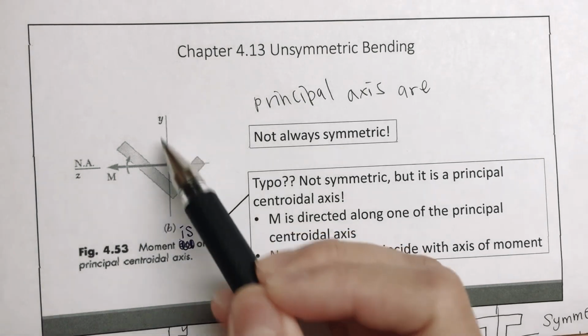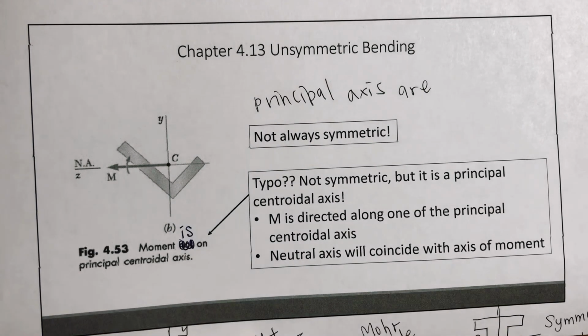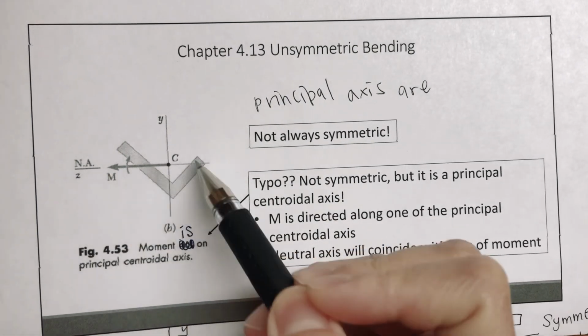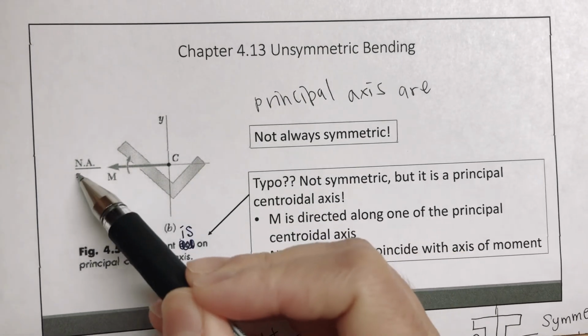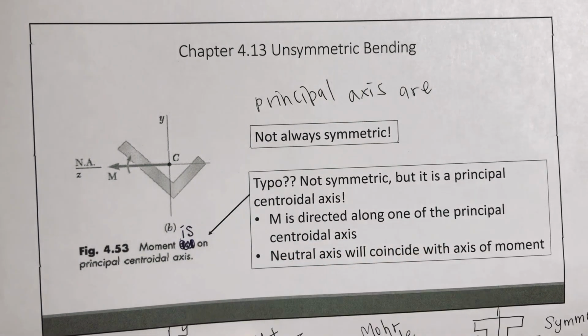So how would we find what that coordinate system is, the principal centroidal axis system? You would need to use Mohr's circle or analytical methods. We know that this is the principal axis system because look, the neutral axis and the moment axis coincide.